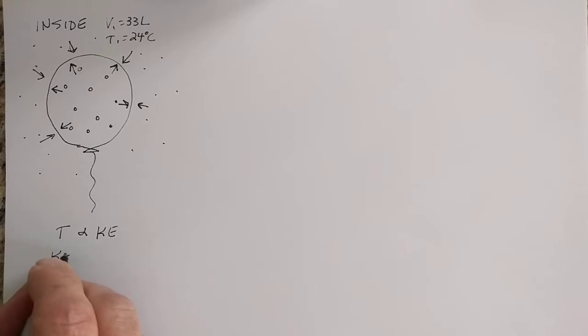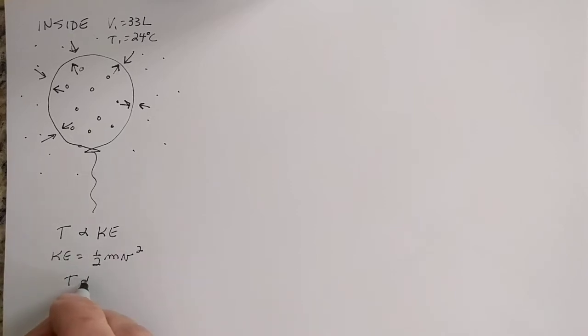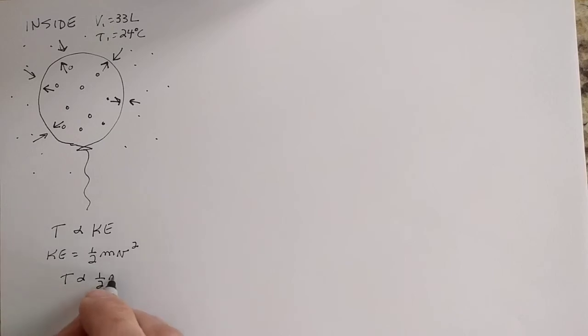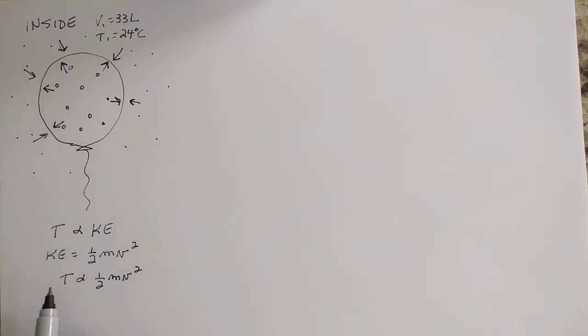Kinetic energy equals 1/2 mass times velocity squared, where this is the mass of the particles and this is the speed, how fast they're traveling. So temperature is proportional to 1/2 mv squared. If the temperature goes up and our particles are the same, so the mass stays the same, then the velocity also must go up.